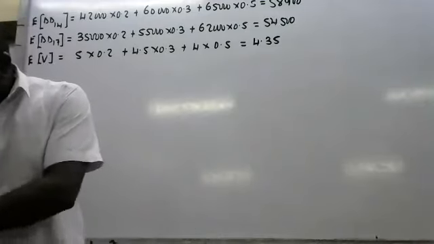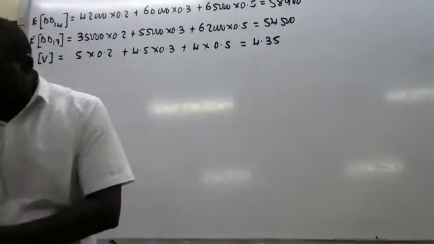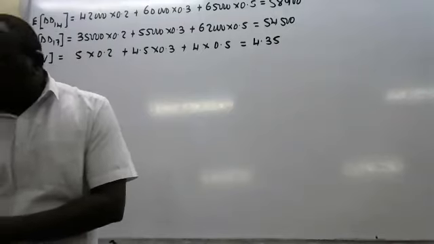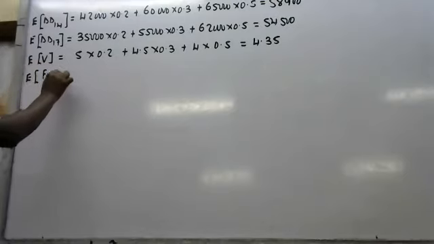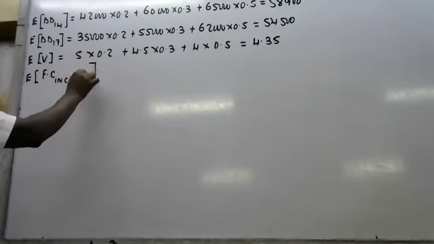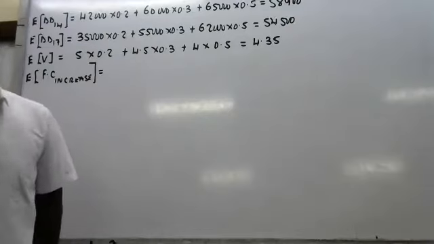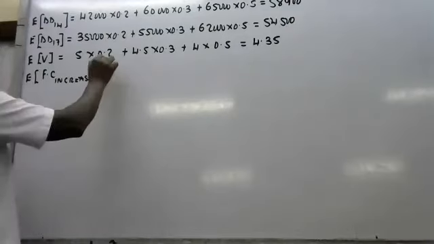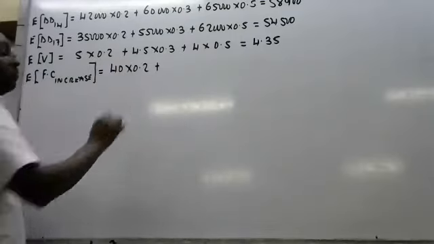When we go looking for the fixed cost, we realize it is also likely to change with some percentages. So the expected fixed cost increase can go up by 40% with a chance of 0.2.